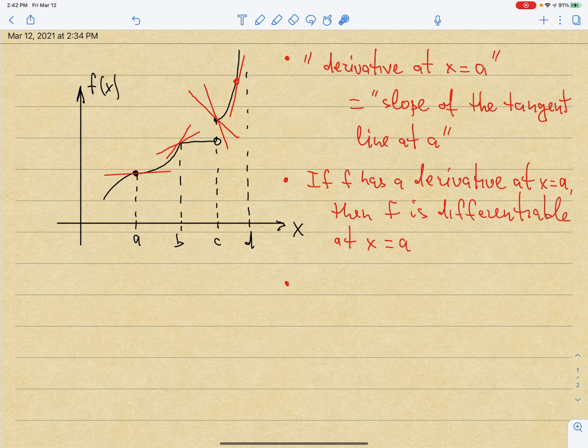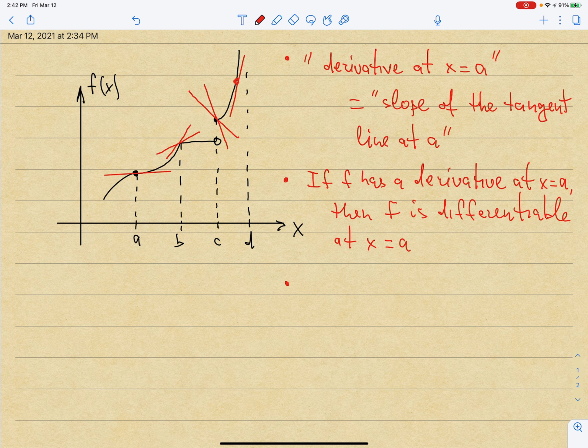Number 3, so again, per picture that I just drew, we have some special points here. Corner, there is no derivative because there are infinitely many possible tangent lines, so there is no unique derivative. Jump, again, no unique derivatives. So a couple of conclusions that we can draw from this.